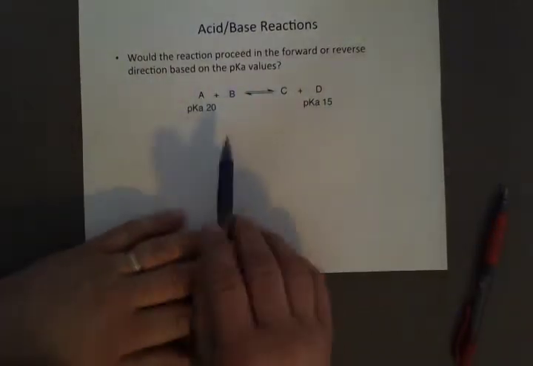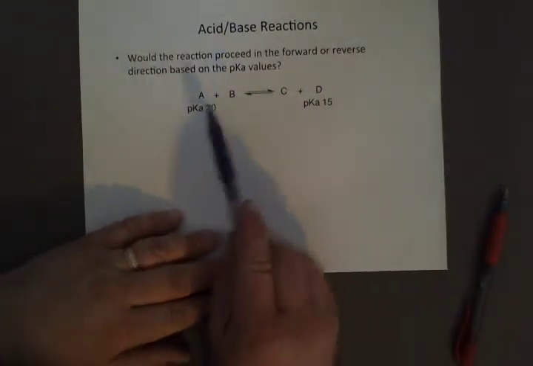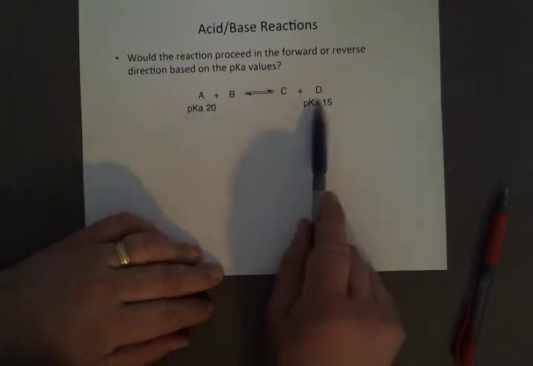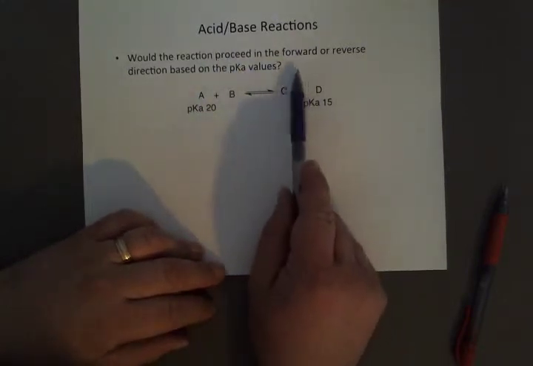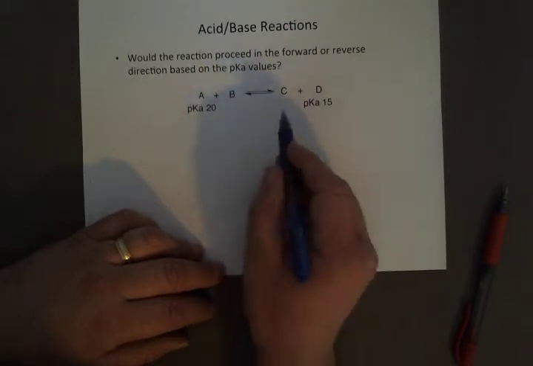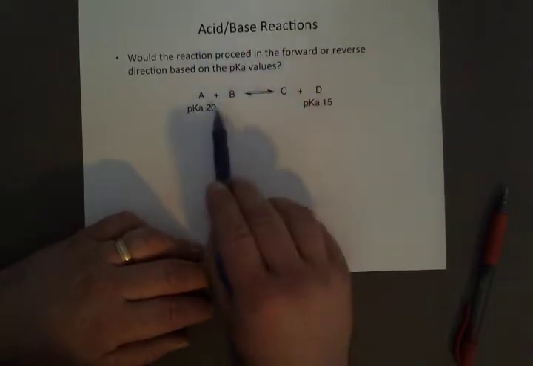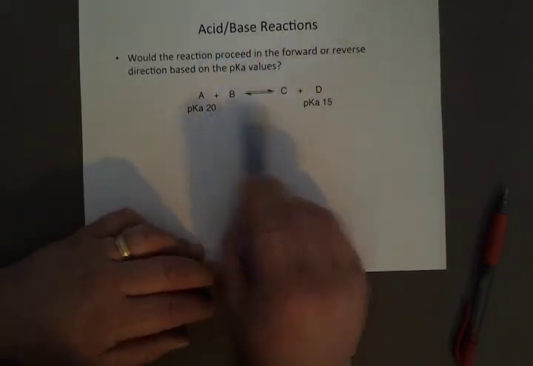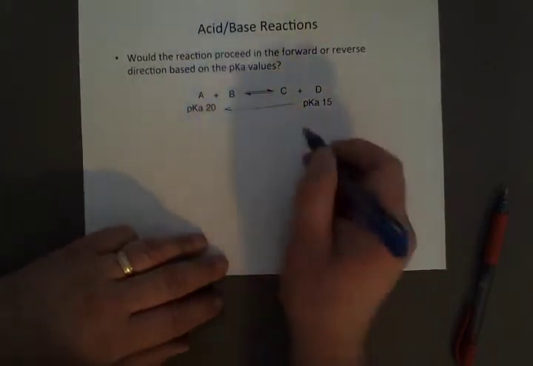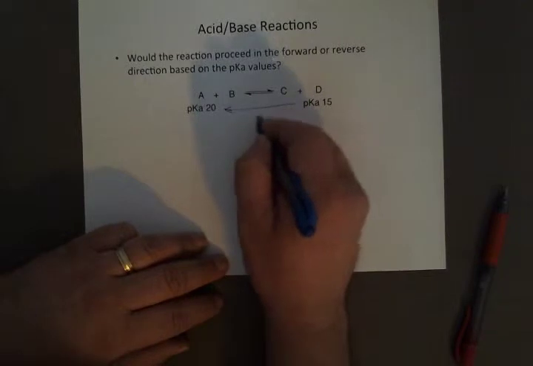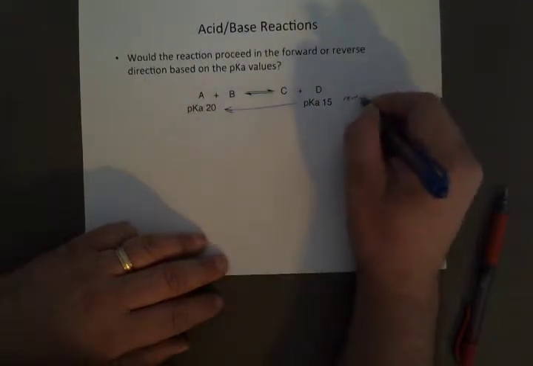Okay, so for these values here, what we're going to do is predict which way the reaction goes. The reaction always wants to go towards the higher pKa acid. So in this case, 20 to 15, the reaction is actually going to want to go that way, so the reverse is the one that you want.